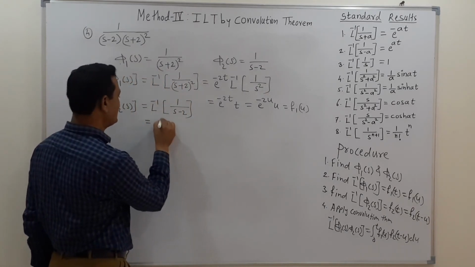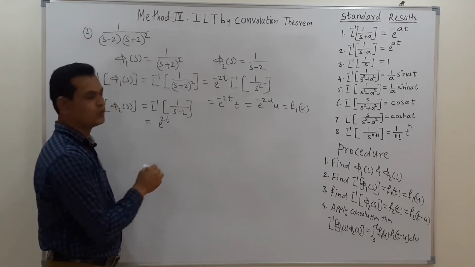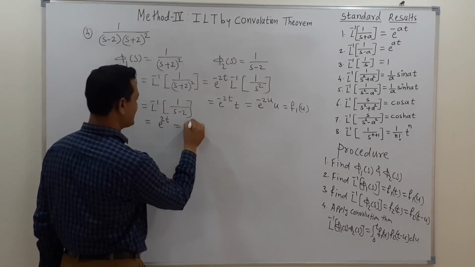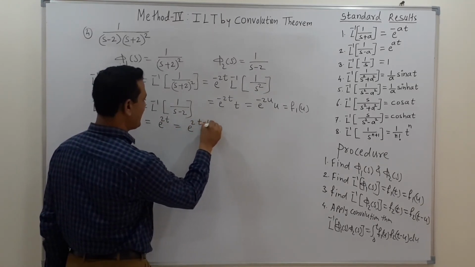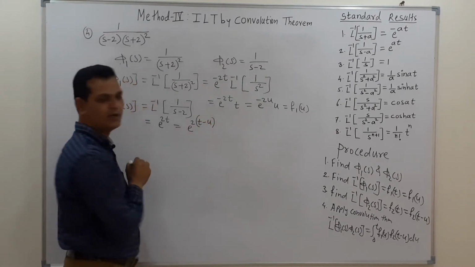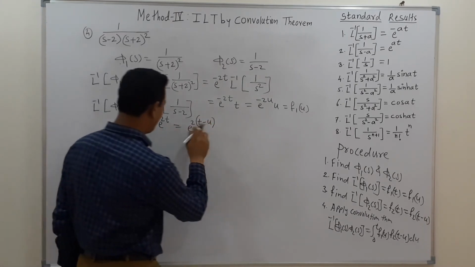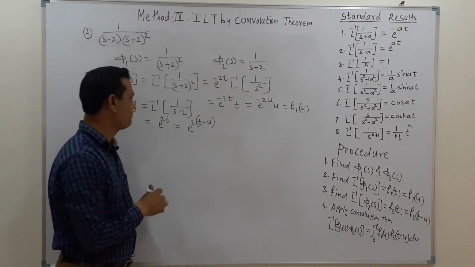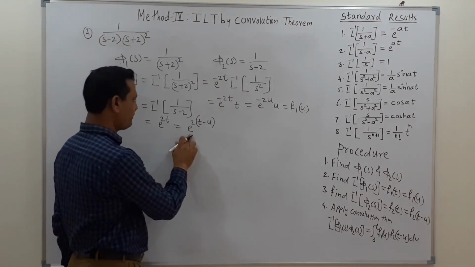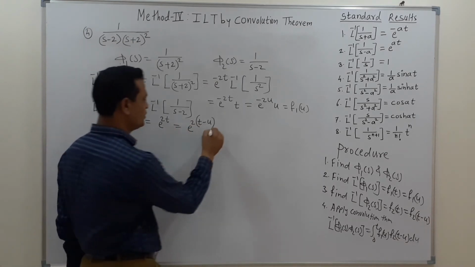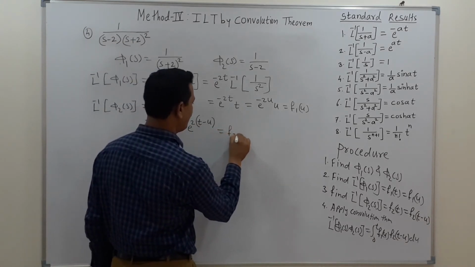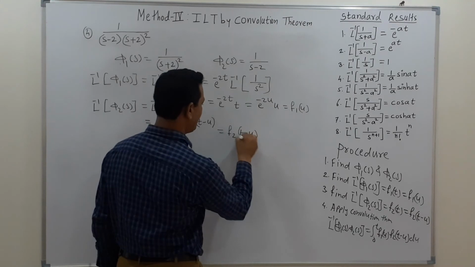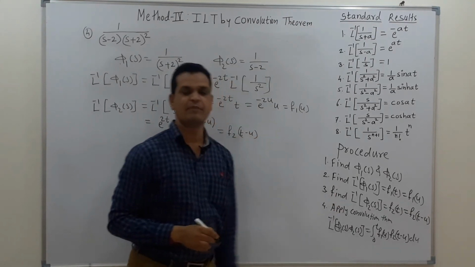We can write this as e raised to 2t. Now we can write this as e raised to 2 times t minus u, put the bracket here without forgetting, so please note down your bracket to avoid mistakes. So now we are replacing t by t minus u, and this is the value of our f2 of t minus u according to step number 3.